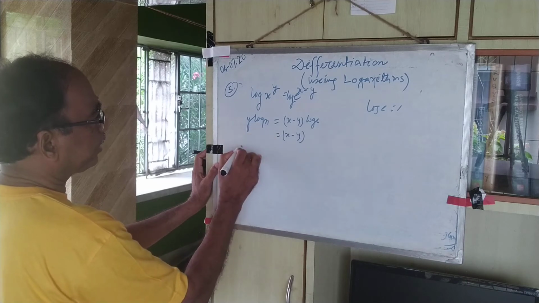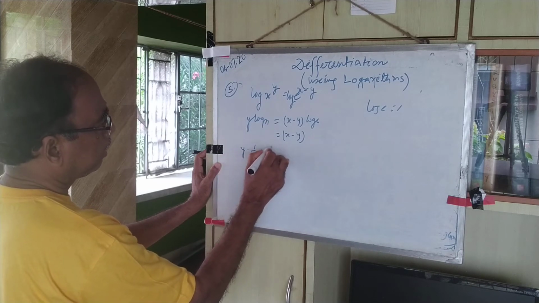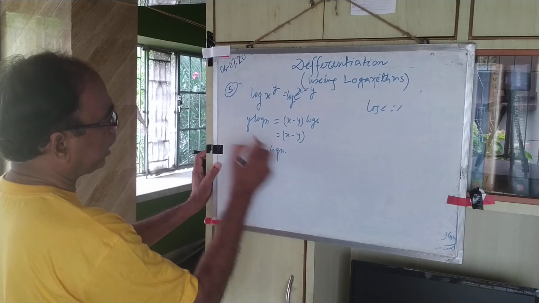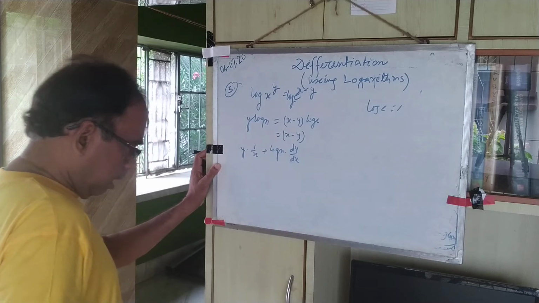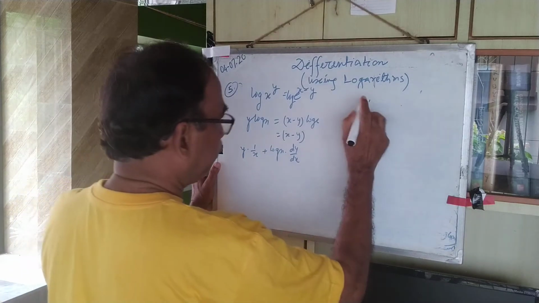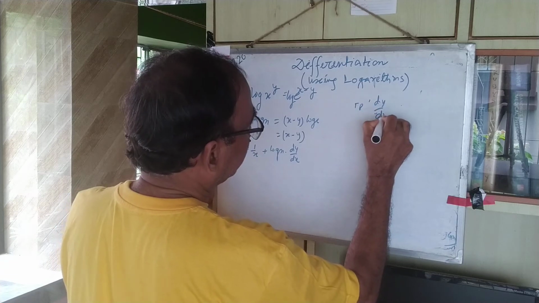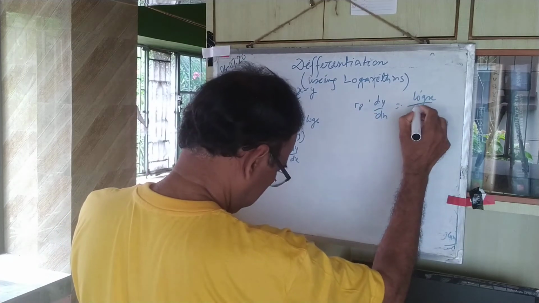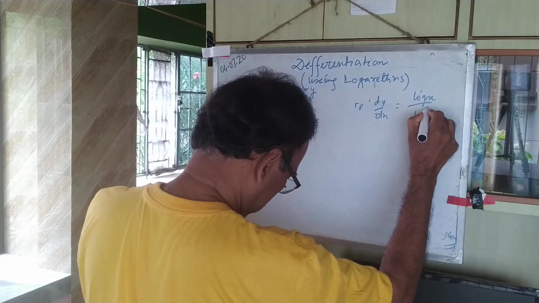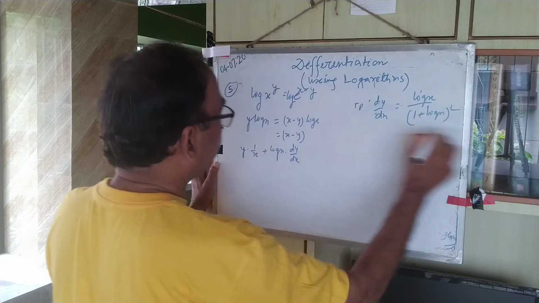Now differentiating, y constant, log x derivative 1 by x, plus log x constant, y derivative dy by dx. We have to prove that dy by dx equals log x over (1 plus log x) whole square.